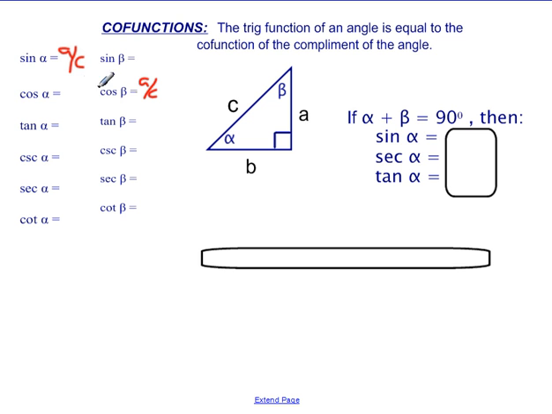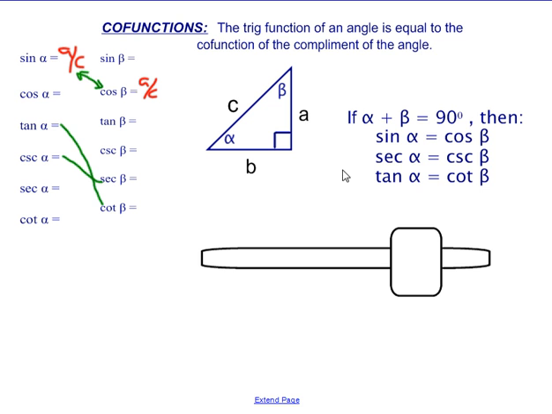But the one thing to keep in mind, cosine and sine are cofunctions, tangent and cotangent are cofunctions, cosecant and, hopefully you guessed, secant, those are your pairs of cofunctions. So here's, once again, all the pairs for this specific triangle.